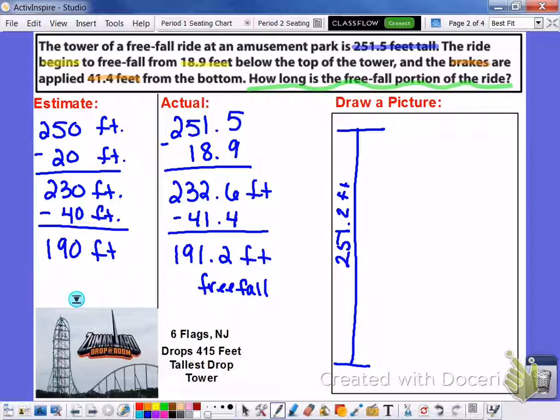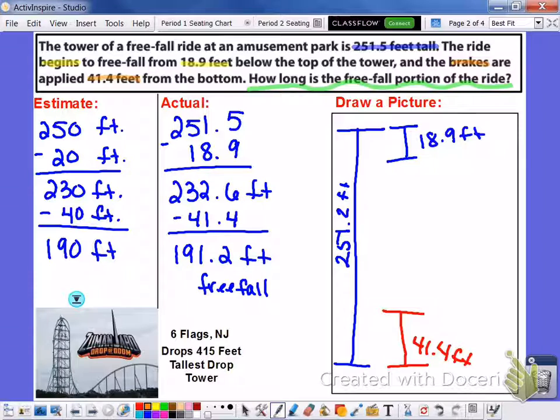It starts its free fall 18.9 feet from the top, and the brakes are applied 41.4 feet from the bottom.